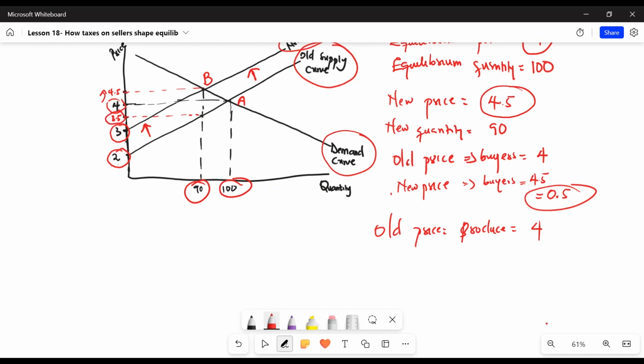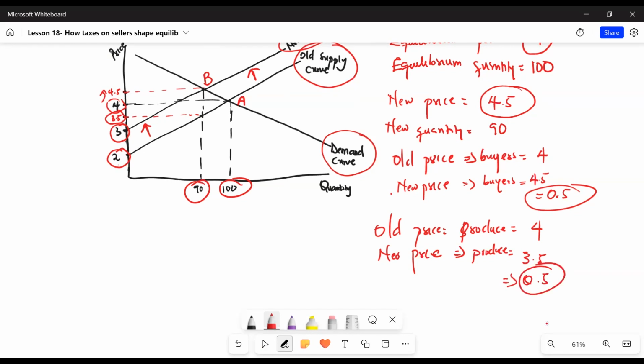To understand this in simple terms, when consumers pay 4.5, producers will now have to pay £1 out of that 4.5 pounds to the government as tax. So the new price that they are now receiving is 4.5 minus the £1 tax, which is 3.5. So the new price producers are receiving is 3.5, and the difference is also 0.5.